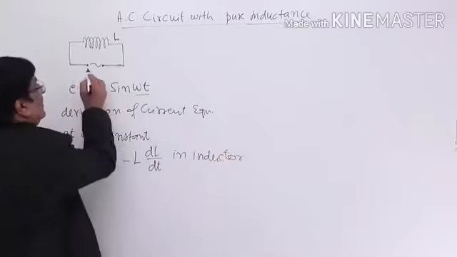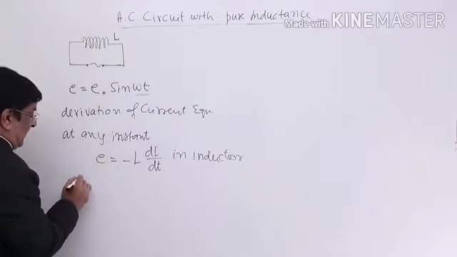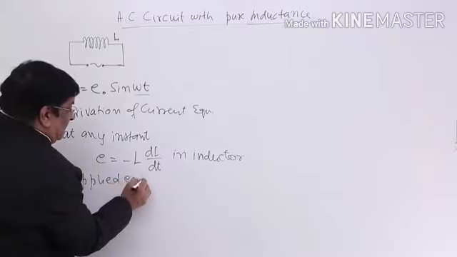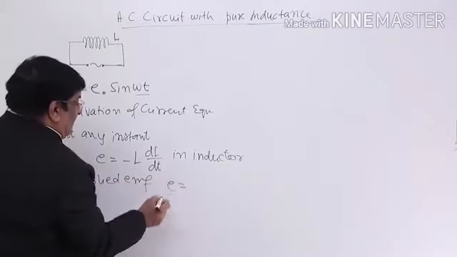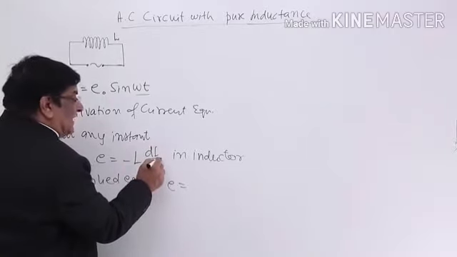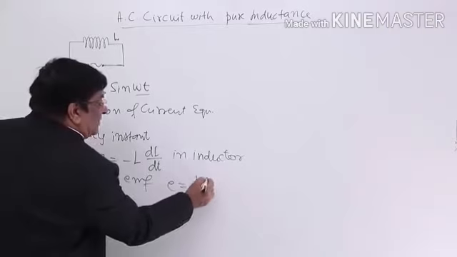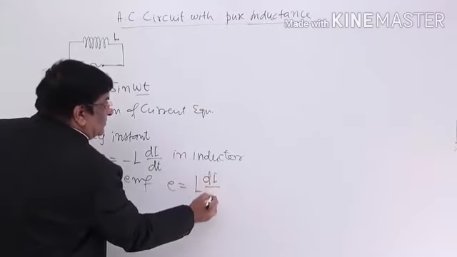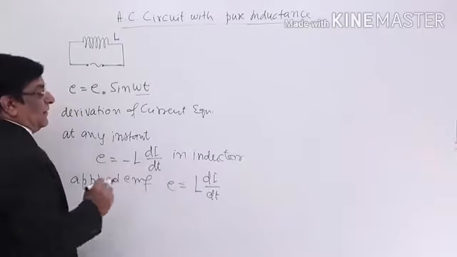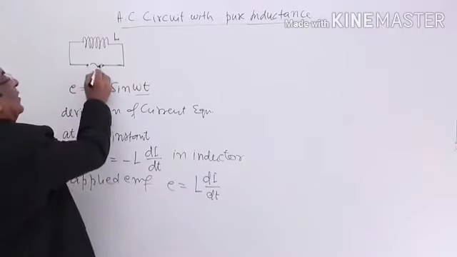But the applied EMF here is opposite to the inductor's, so applied EMF is the same in magnitude but opposite in direction. This minus will become plus. So this is the applied EMF at this point.